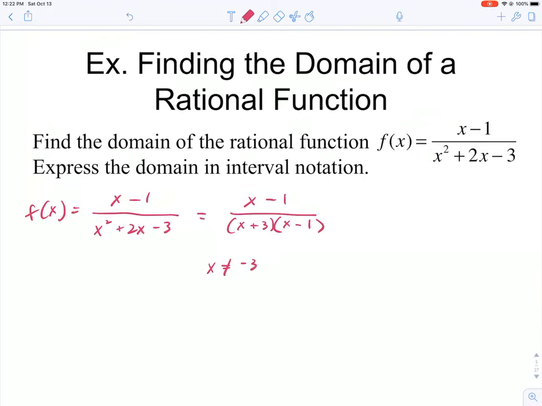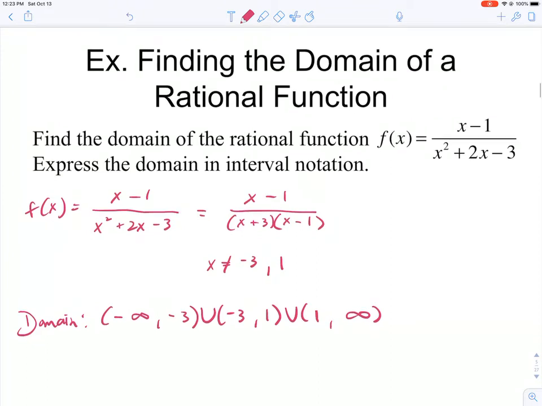That value would make the denominator 0, and x cannot be equal to positive 1. So in interval notation, that'll be negative infinity to negative 3, union negative 3 to 1, union 1 to infinity. Okay, so any real number except for negative 3 or 1 will give you a real output for this function.